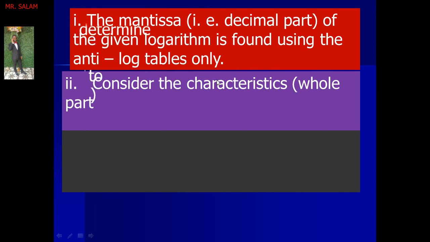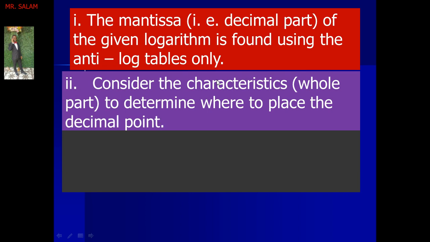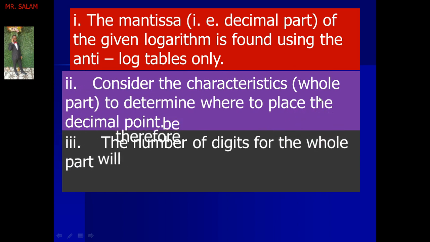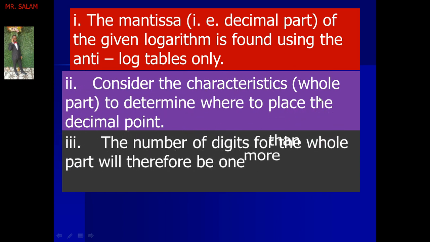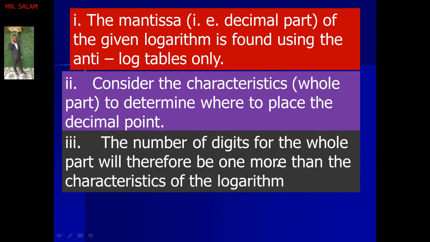Then consider the characteristics. Don't forget the characteristics is the whole part of the number. We are going to consider the characteristics to determine where to place the decimal point. Finally, the number of digits for the whole part will be one more than the characteristics of the logarithm. So let's look at these examples here.